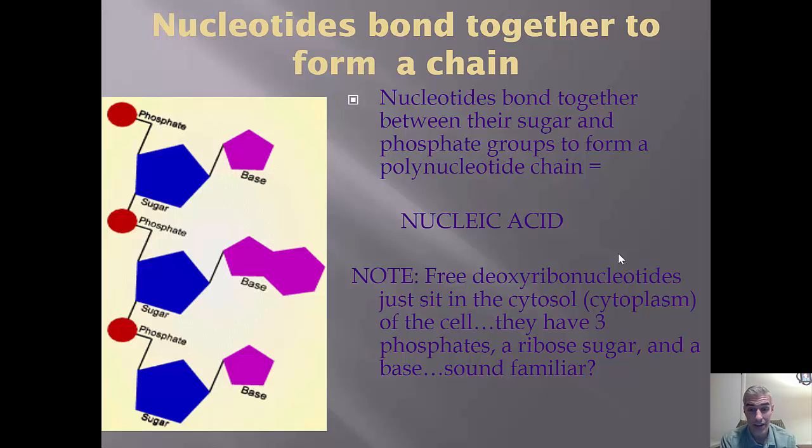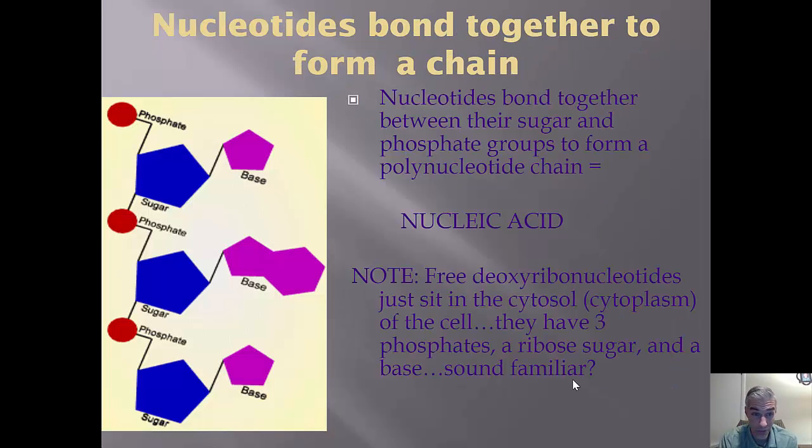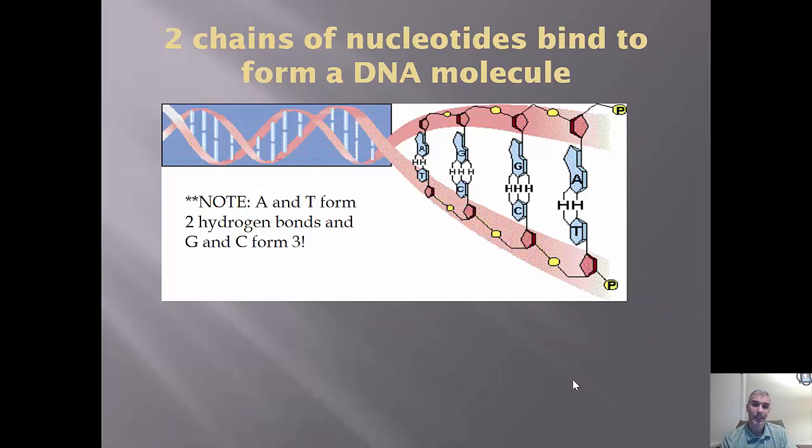That's a nucleotide. There's also thymine triphosphate, guanosine triphosphate, and cytosine triphosphate. So they have three phosphates, a ribose sugar, and a base. Sound familiar, right? ATP would be the famous one. But we've also talked about GTP, but there's also CTP and TTP around, just in lesser quantities because they're not so widely used like ATP is.